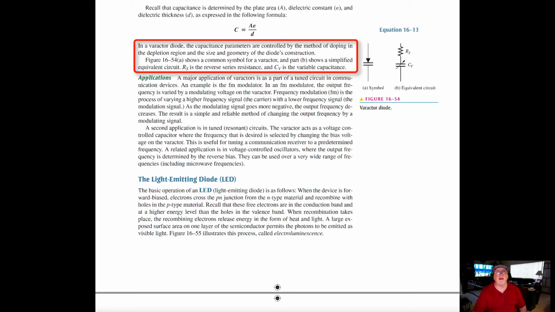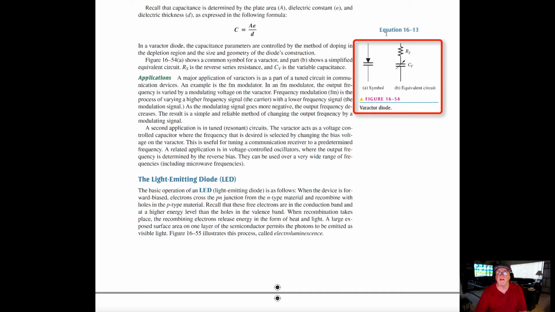In a varactor diode, the capacitor parameters are controlled by the method of doping in the depletion region and the size and geometry of the diode's construction. Okay, so we can see here schematically what symbols we would typically use and how we could come up with a typical equivalent circuit.